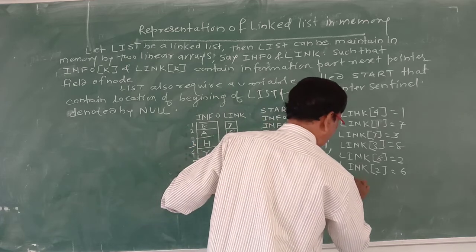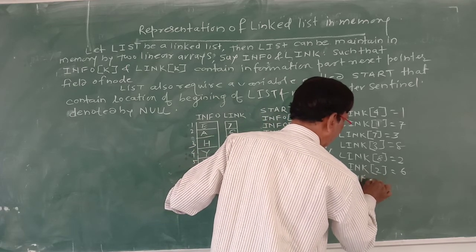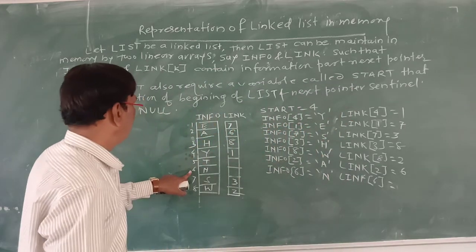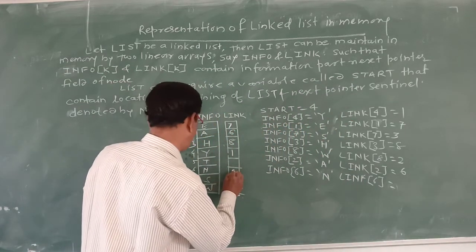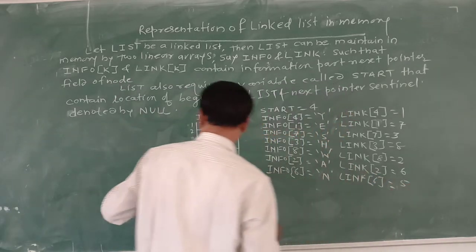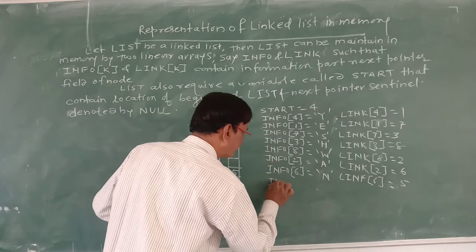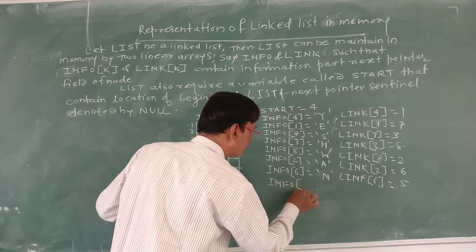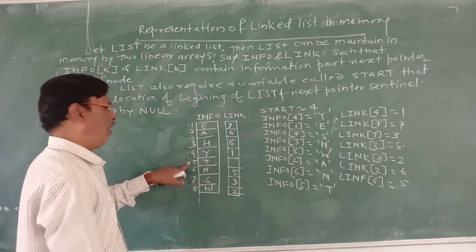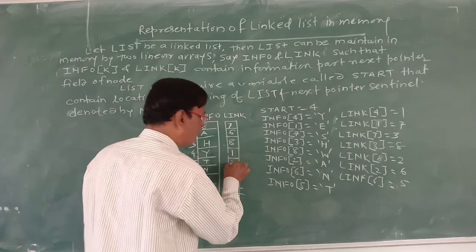So link of 6, we are going to write T. So here 5. So info of 5 is T. But after T there is no one.